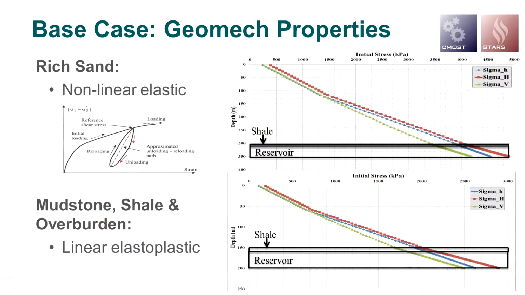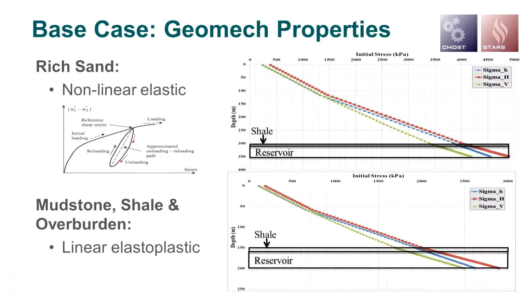In terms of geomechanics, the rich sand, the actual pay zone, was modeled as nonlinear elastic, and the response for its stresses versus strain is shown on the picture on the left-hand side. The mudstone, the shale, and the overburden were modeled as linear elastoplastic, each with different properties in terms of Young's modulus, Poisson's ratio, and cohesions.